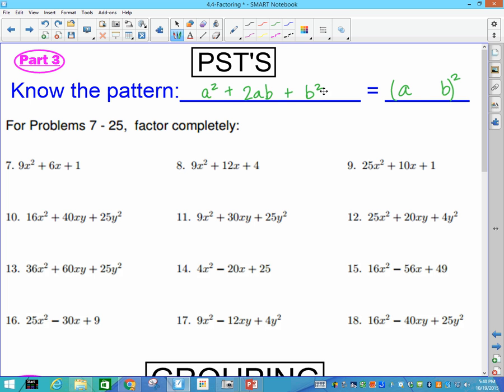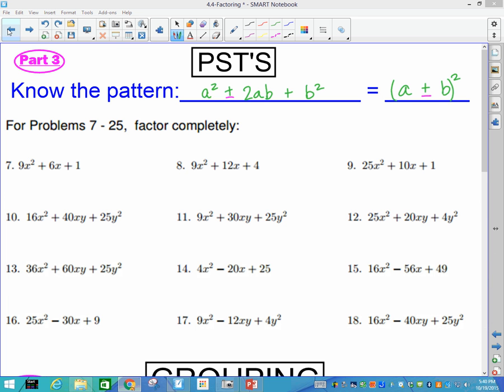And whatever this sign is, that's what I'm going to have right here. Now, you should always check it, because if you do that square root thing, then multiply these two together, a times b, and then times 2, and that'll be your middle term. And I'll talk about it as we go through. Okay? Now, the only thing that's going to be different about this is sometimes there'll be a minus sign there, and if there's a minus sign there, then there's a minus sign in your answer. Okay? So, let's go do that.